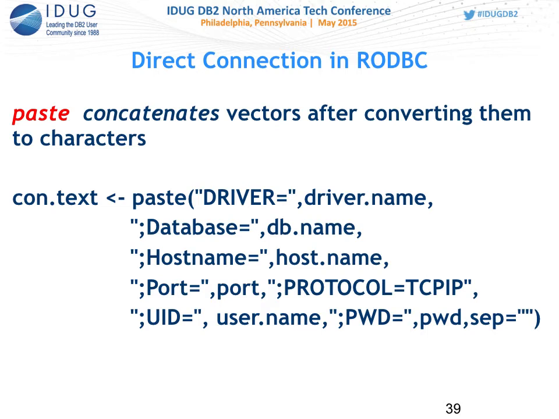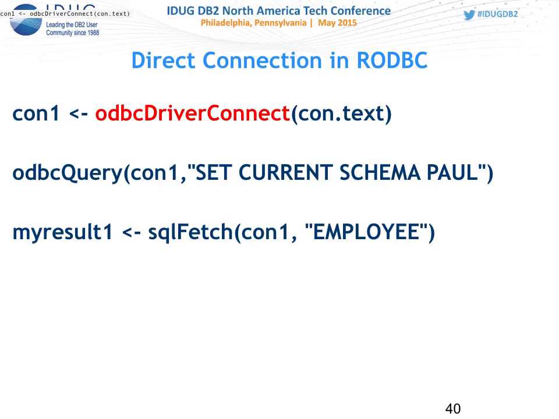Pasted all that in, which was just a concatenate operation. And then I fed it in like this with RODBC driver connect, passed that string in, and boom, I had my connection. So that's a way you can do it if you want to do it without having to go through and predefine all of your connections. You can do that very, very easily, and then you can operate on it exactly the same way as you did before.